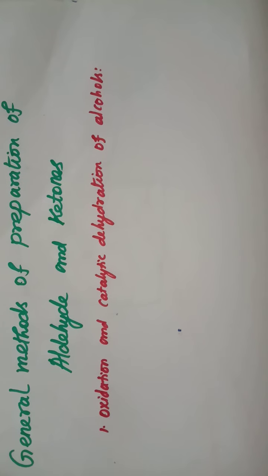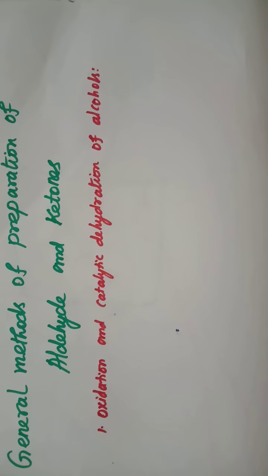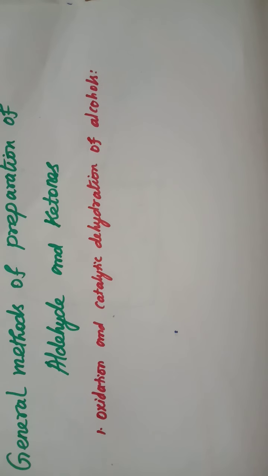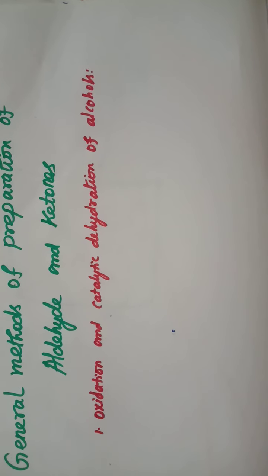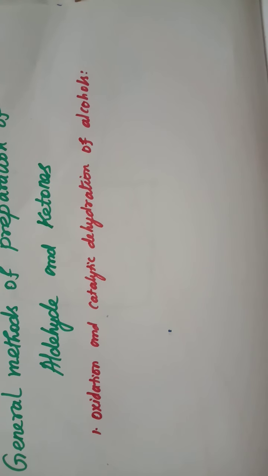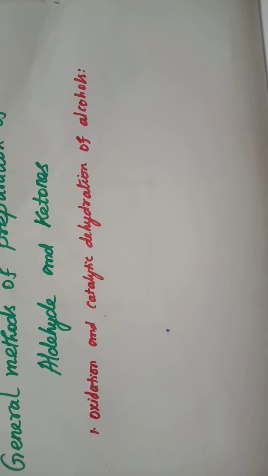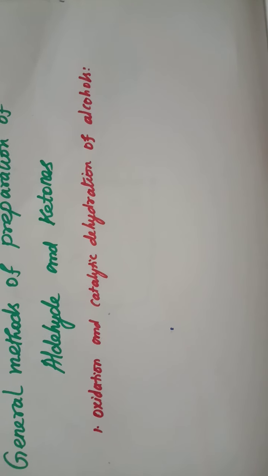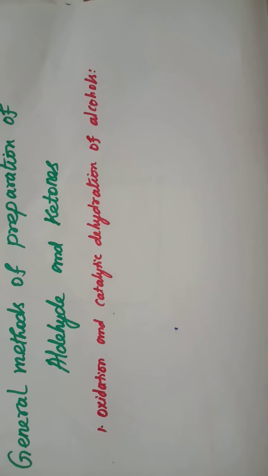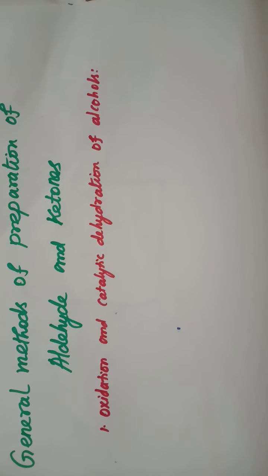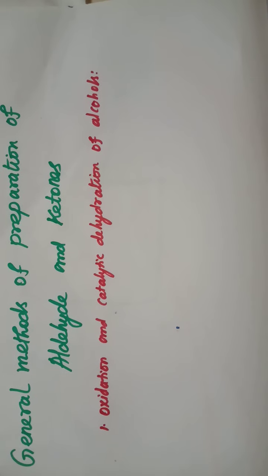Further oxidation yields carboxylic acid. When PCC is used as an oxidizing agent, what does PCC mean? Pyridinium chlorochromate. When PCC is used, alcohol is oxidized and gives aldehydes or ketones.